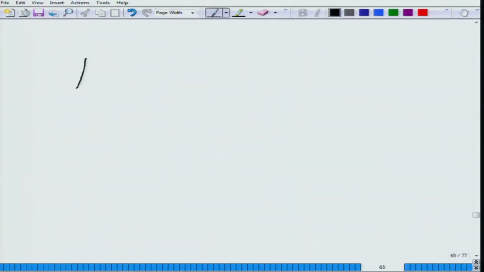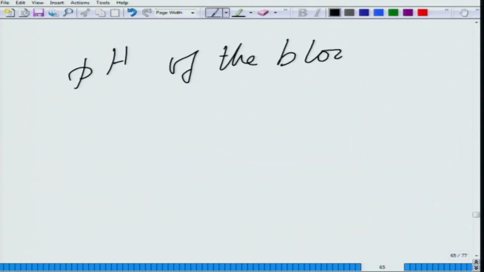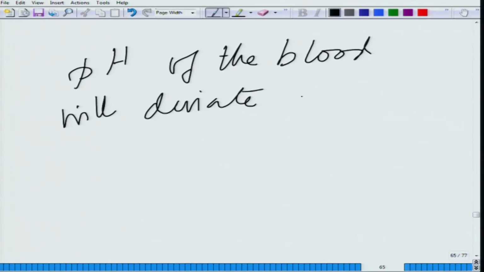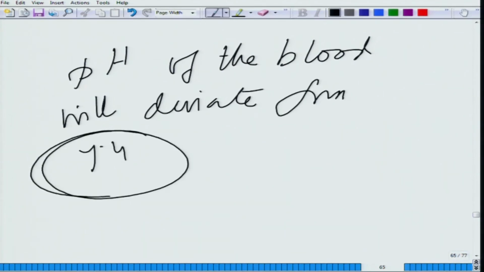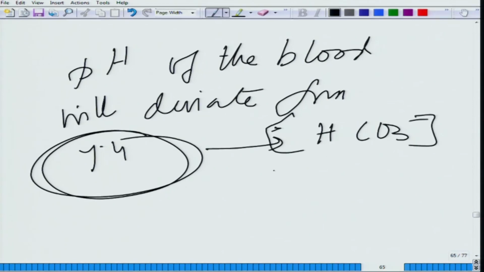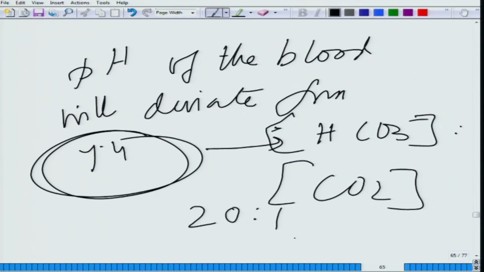Another thing important for you to remember is that the pH of the blood will deviate from 7.4, which is the normal value, whenever your HCO3 minus to CO2 ratio of 20:1 shifts either upward or downward.